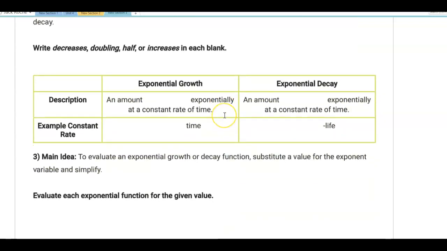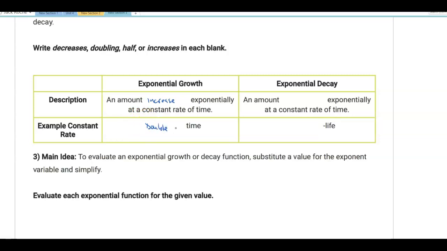So here, if we had to fill in the descriptions, exponential growth is an amount that increases exponentially at a constant rate of time. When we talk about the rate of time, an example would be doubling.